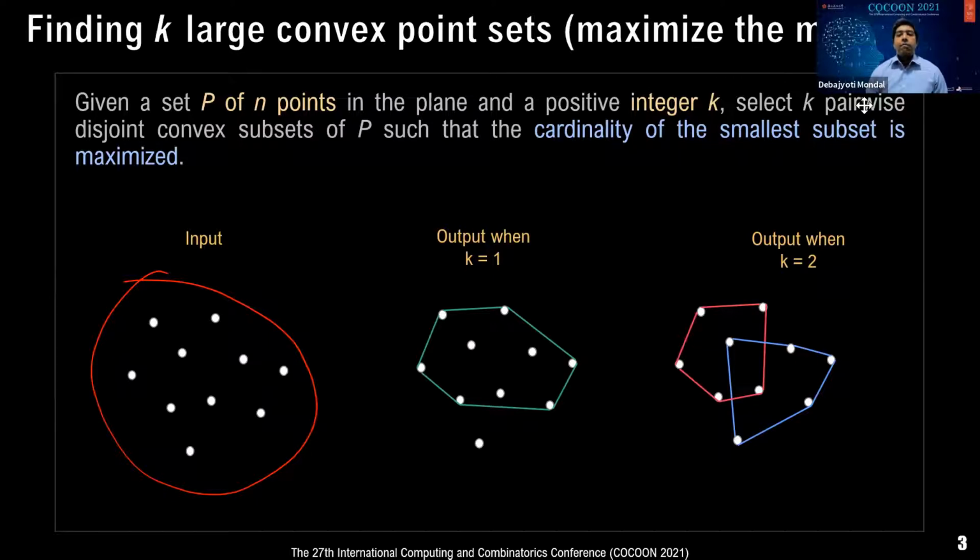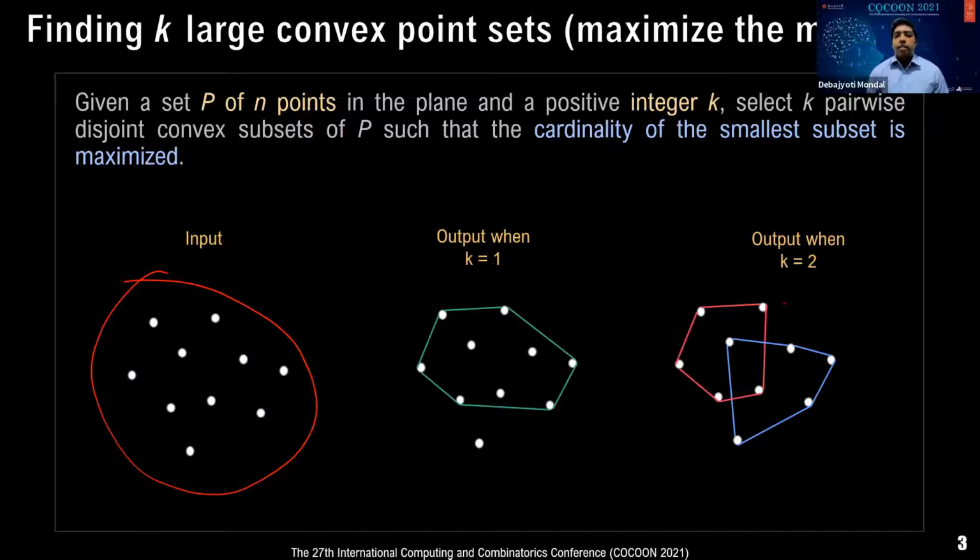Now, when K equals 2, we are actually trying to maximize the cardinality of the smallest convex set. If we look at the input here, we have 10 points in the input, and the output, when K is equal to 2, I have two convex point sets where each set contains 5 points. Now, in this setting, you cannot do any better than that.